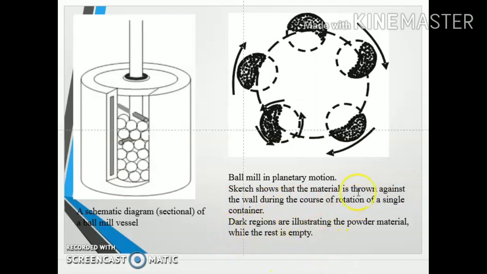The dark region here illustrates the powder material, while the rest is empty. As I already mentioned, if the ratio is maintained in proper condition, then the efficiency of high energy ball milling would be increased. So this is all about high energy ball milling.